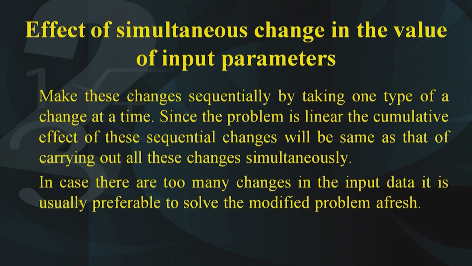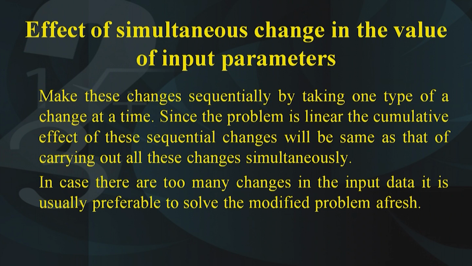Now let us look at the effect of simultaneous changes in the value of the input parameters. Now suppose you have to make changes simultaneously in many parameters, then make these changes sequentially, that is one after the other, by taking one type of change at a time.